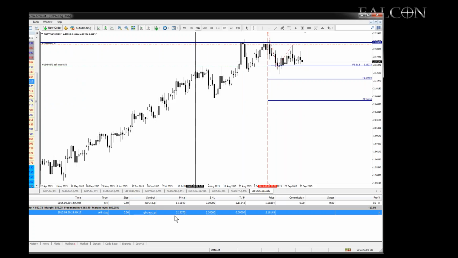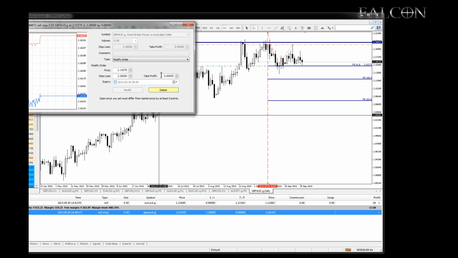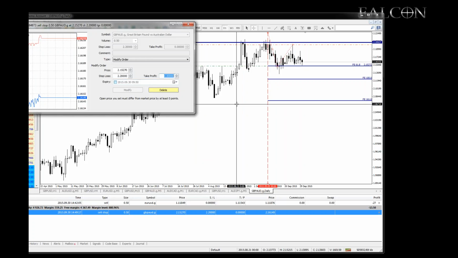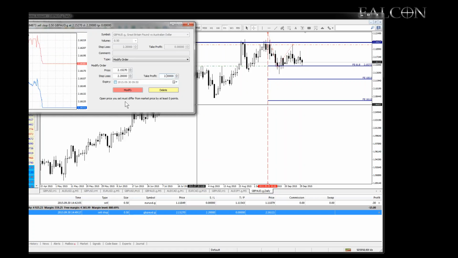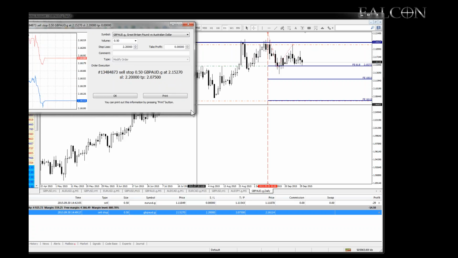So we go back here, modify, and take profit is going to be, I forgot the number. What did I say it was? 2.07. I try to round it up. 2.075, no, 2.07500, and modifying.